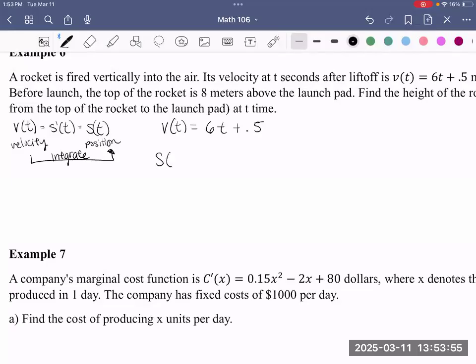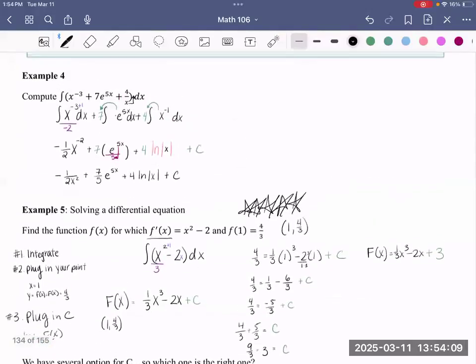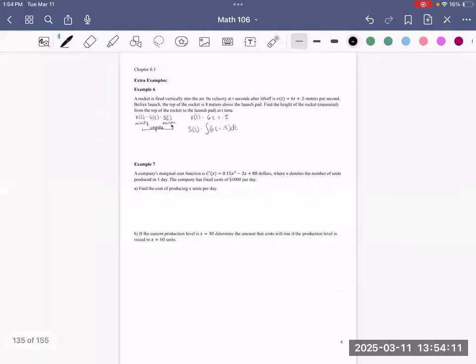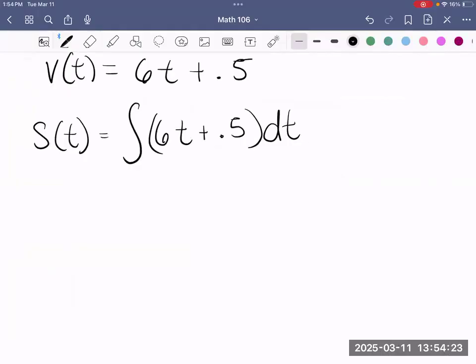We can find the position if we take the integral of such, and I'm going to say dt. I'm going to use dt here because the other ones were all in terms of x, so I've been using dx, but whatever variable you're trying to integrate is just dt, kind of like we did with d over dx, that sort of thing.